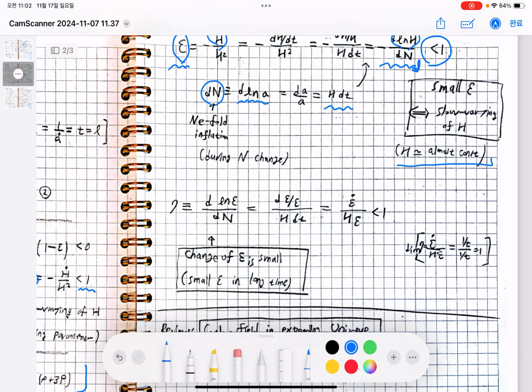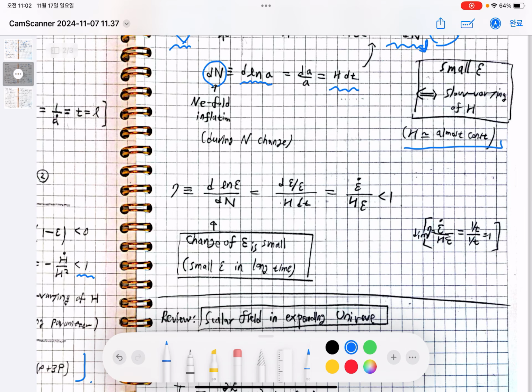And also we want to make epsilon small for a long time. So the change of epsilon should be small, and this can be parameterized by eta, which is defined as the change of ln epsilon over the unit quantity. And if we calculate this one again, then eta becomes epsilon dot over H epsilon.